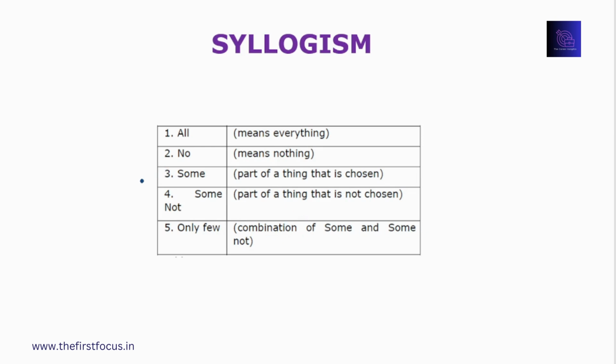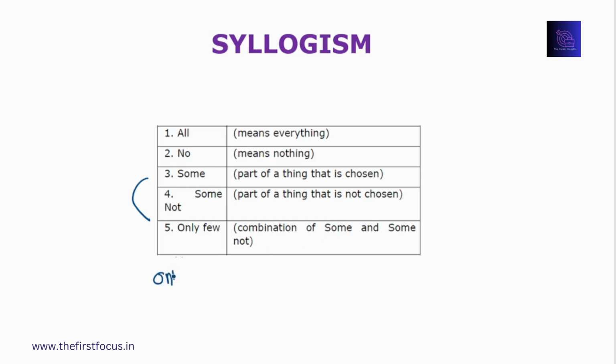There is a difference between some and only few. Some tells about a part of a thing that is chosen, but it doesn't tell about the part that is not chosen. Only few is the combination of some and some not. It tells about the part of a thing that is chosen and the part that is not chosen.